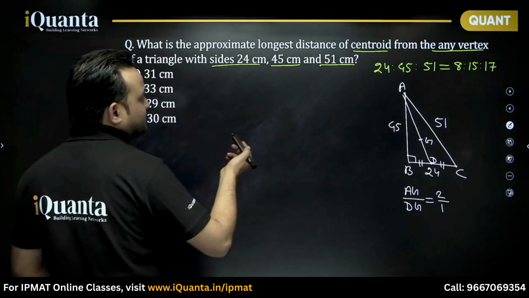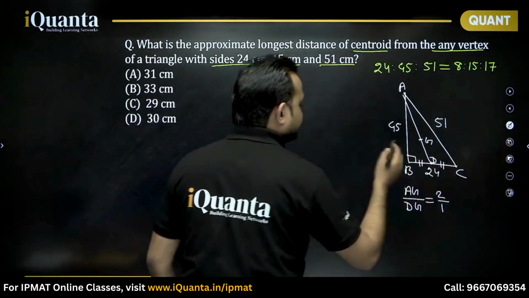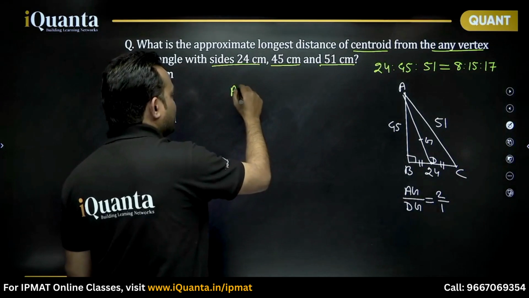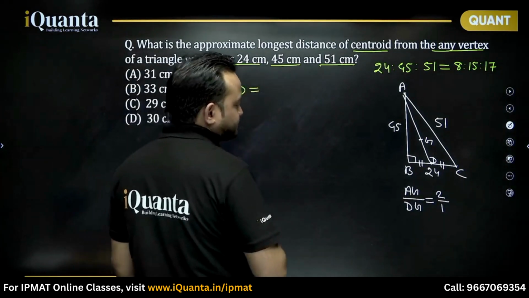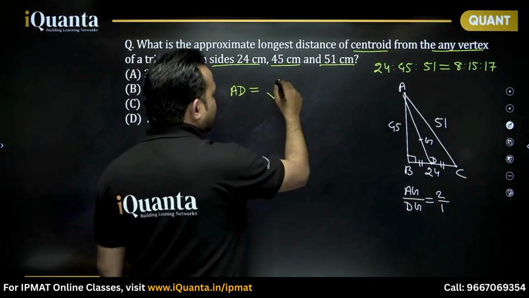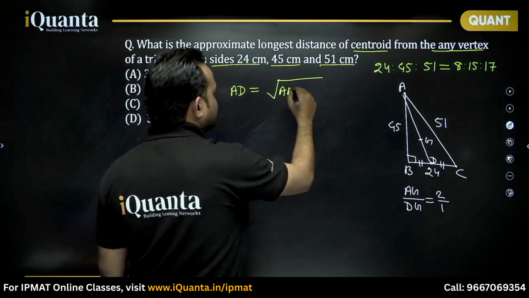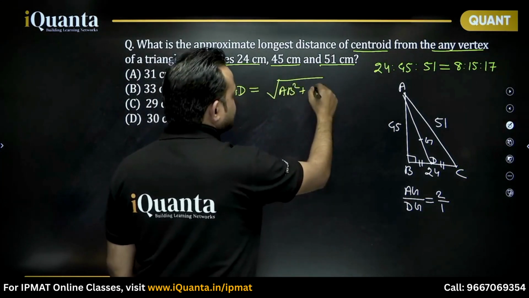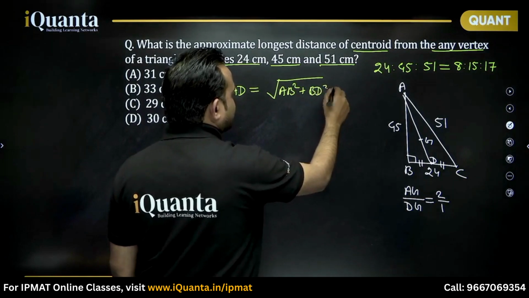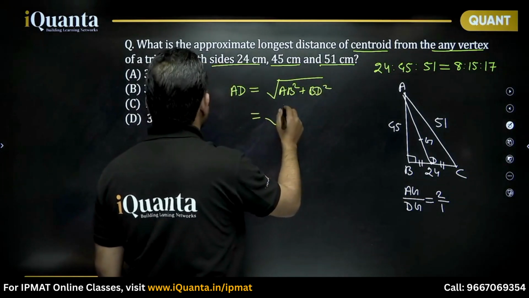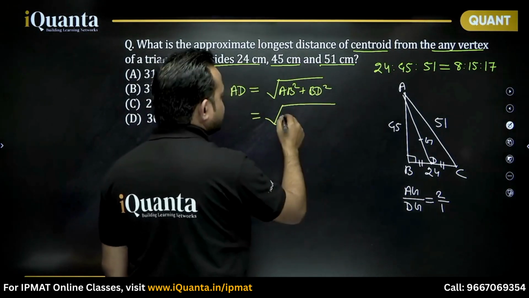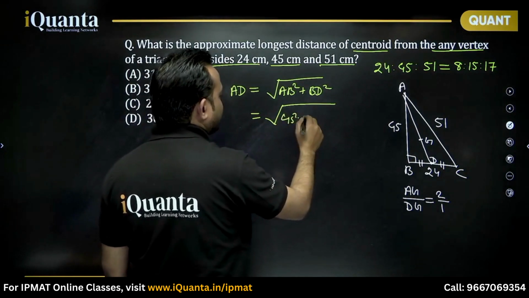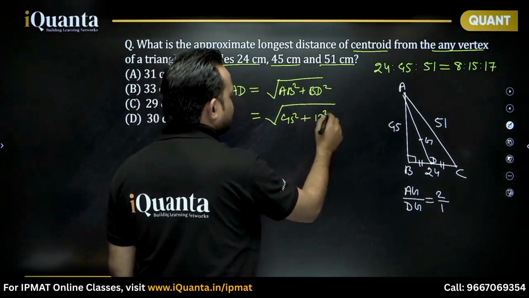AD will be equal to the square root of AB square plus BD square. AB square is 45 square plus BD square, BD is 12 square.